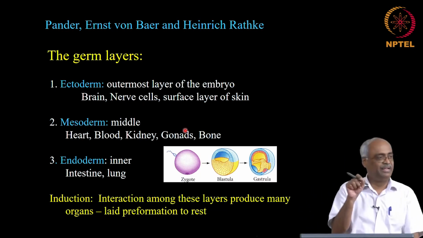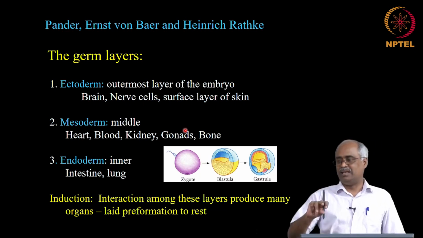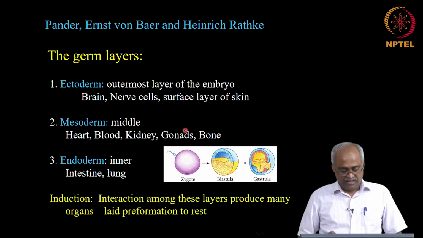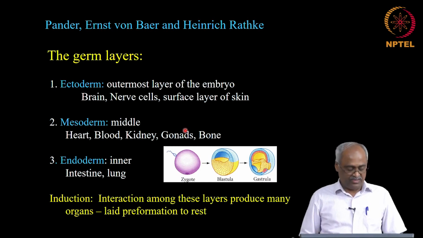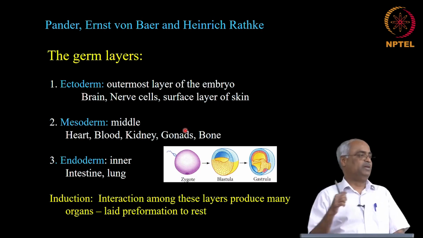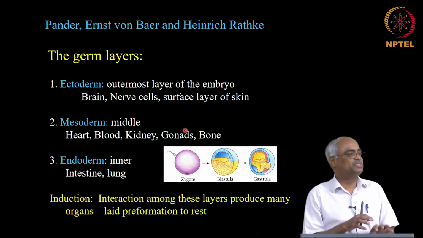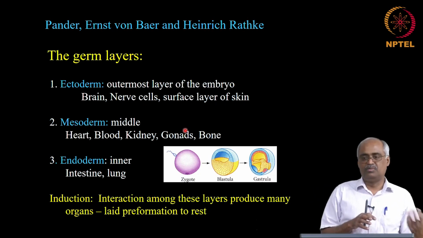So that is again to highlight the point that some of the organs have multiple cell layers contributing to them. And during this process they also recognized that by experimental manipulation of the 3 layers, they were able to show the existence of induction, meaning one set of cells, for example mesoderm, could be induced by ectoderm or vice versa.